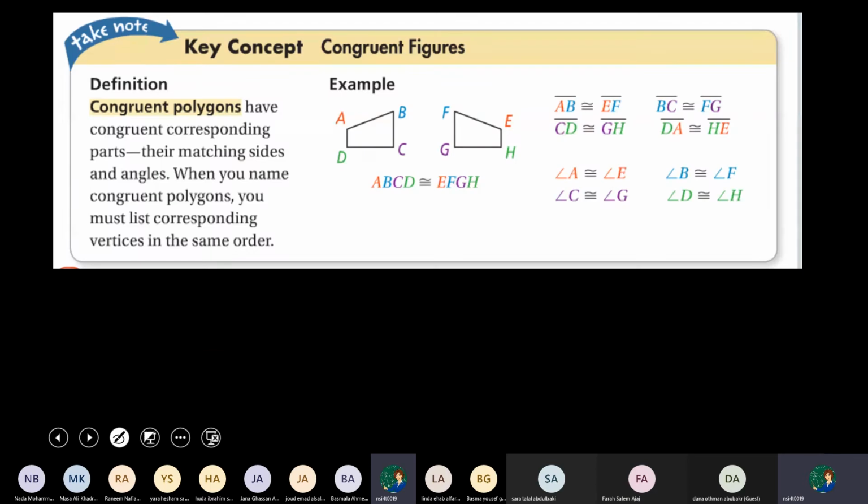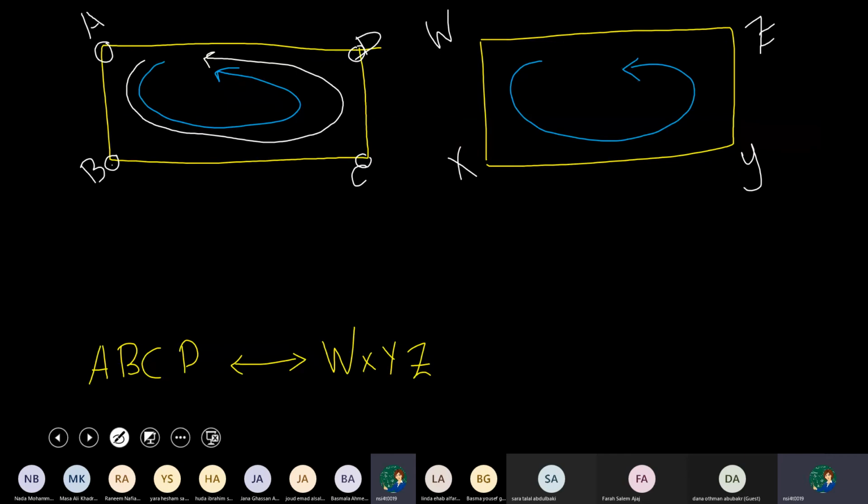Look at the definition of congruent figures. They have congruent corresponding parts. So before I check if they are congruent, I have to make them corresponding. Just that. I want you to draw them to be corresponding. If ABCD corresponds to WXYZ, I can now check if they are congruent or not.